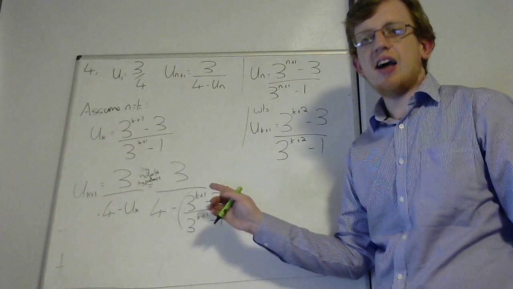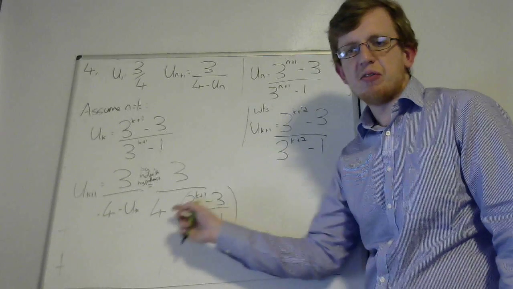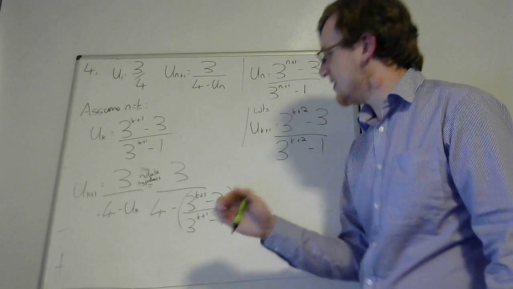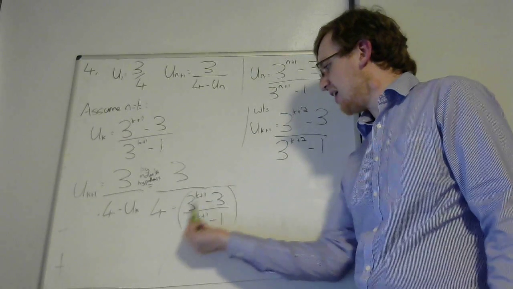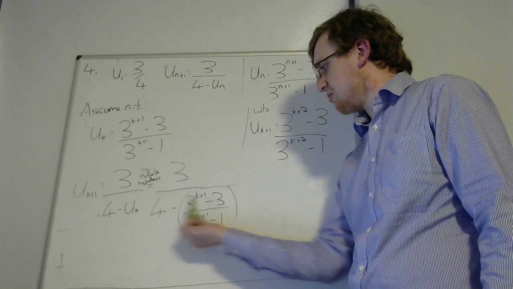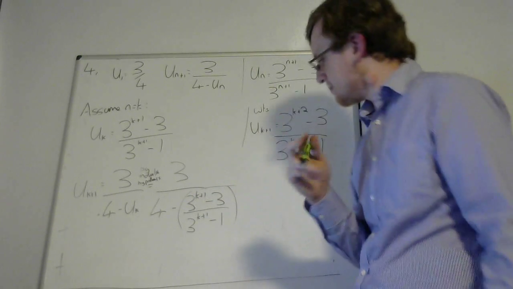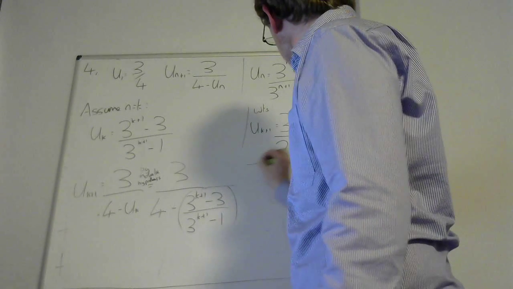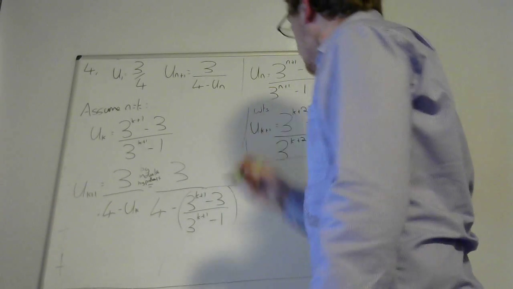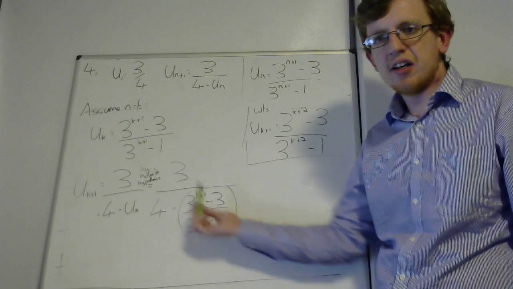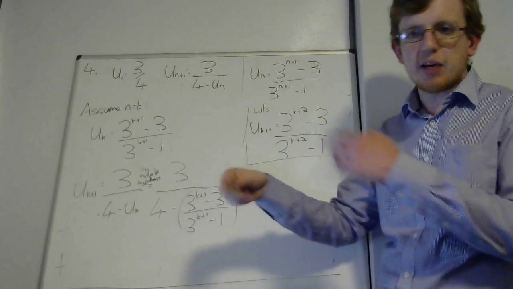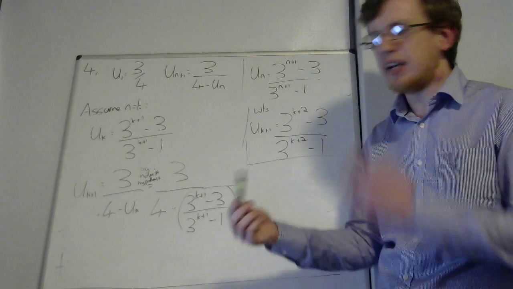When I was doing this earlier, I missed out the bracket, bit of a rookie mistake there, and things went wrong for me. But now I've got the bracket, I'm going to remember the double negative, which is where I went wrong. So two different ways we could do this now. We can make the bottom one whole fraction, and then dividing by a fraction is the same as multiplying by the upside down of it.